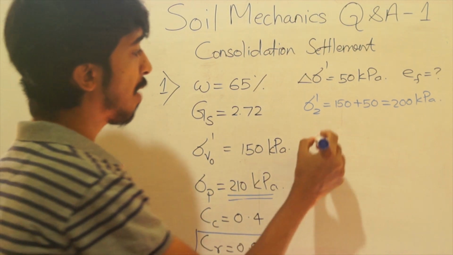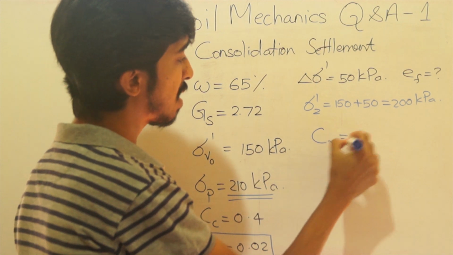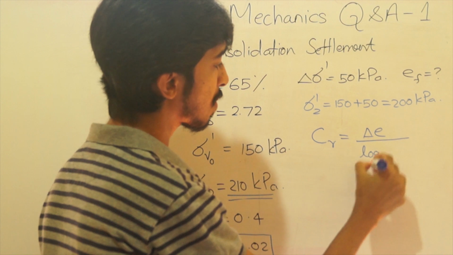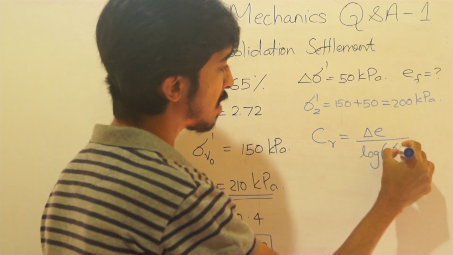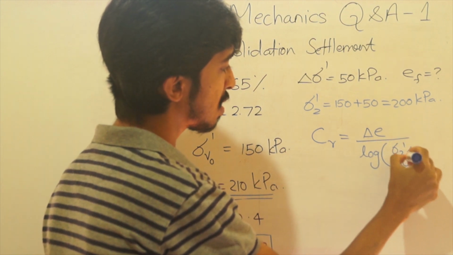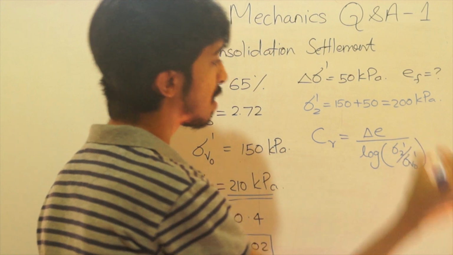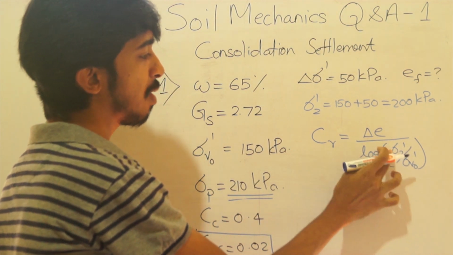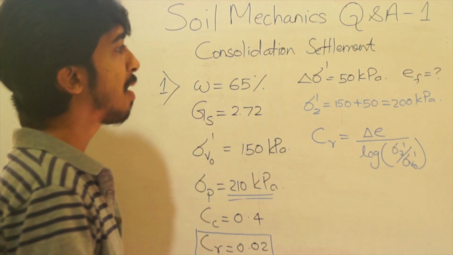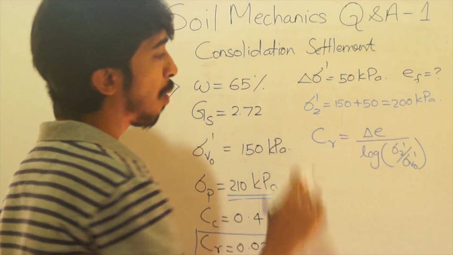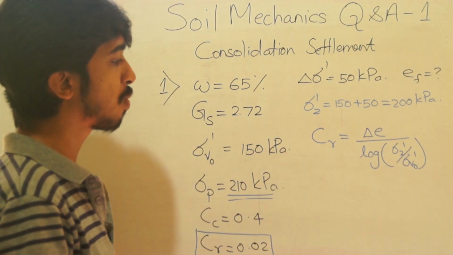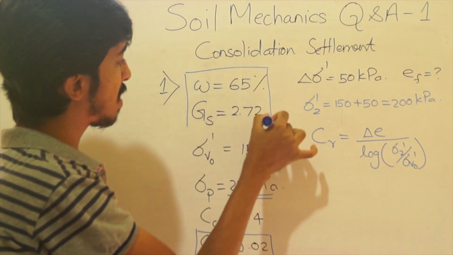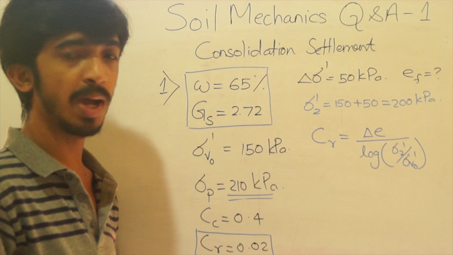So from the graph we know the gradient CR can be written as change in void ratio over log of sigma 2 dash over sigma V naught dash. So these two are the pressures which we know exactly, but we don't know what the initial void ratio is. To calculate the initial void ratio, we can use these two parameters, W and GS.